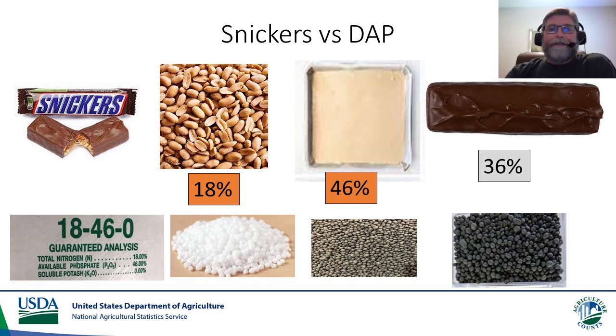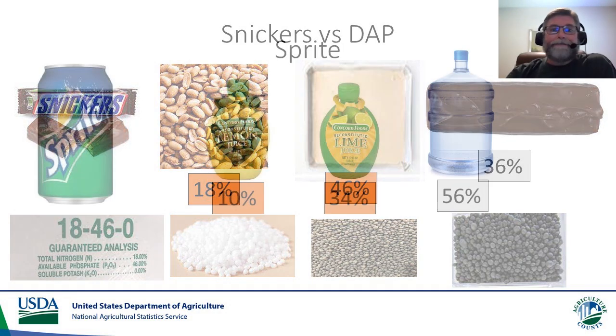The peanuts compare to the nitrogen in DAP, the nougat compares to the phosphorus, and the chocolate compares to the carrier material of the DAP. 18% is peanuts, 18% is nitrogen, 46% is nougat, 46% is phosphate, 36% is chocolate, 36% is the carrier material. The ratio of nutrients to carrier works the same regardless of the amount of fertilizer applied.